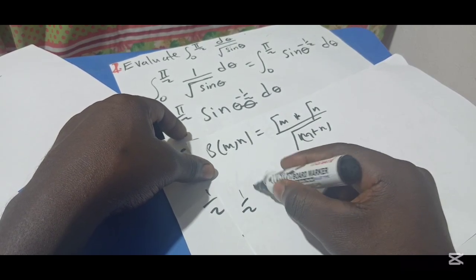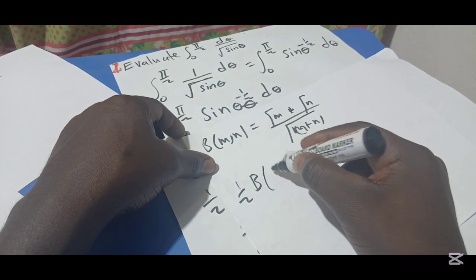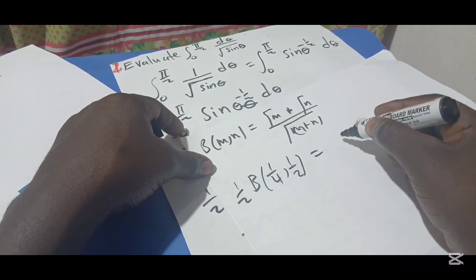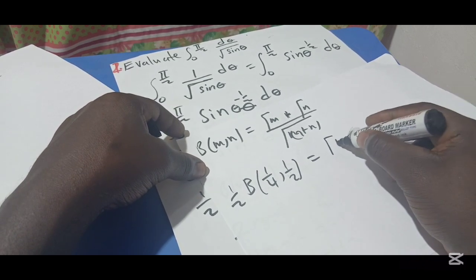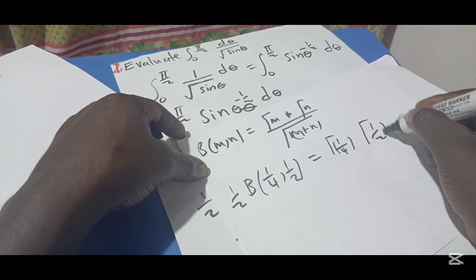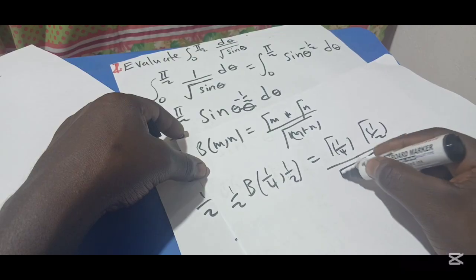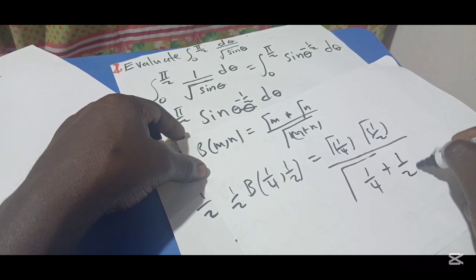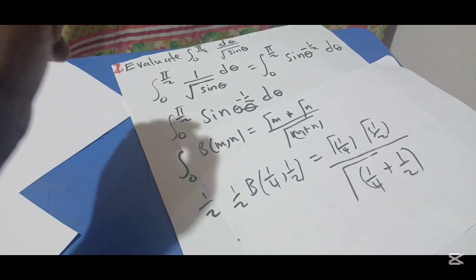Let me bring the half. Half beta of 1 on 4, 1 on 2 equal gamma 1 on 4, gamma 1 on 2, all on gamma 1 on 4 plus gamma 1 on 2.